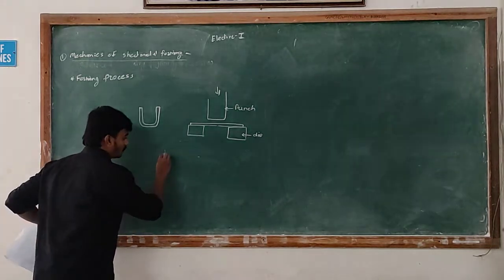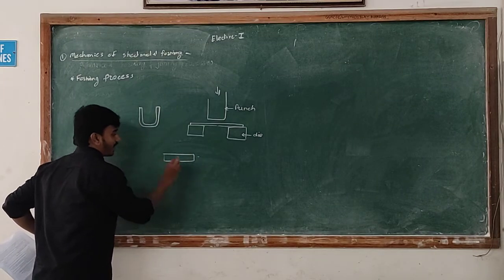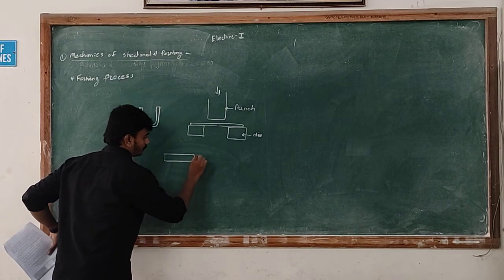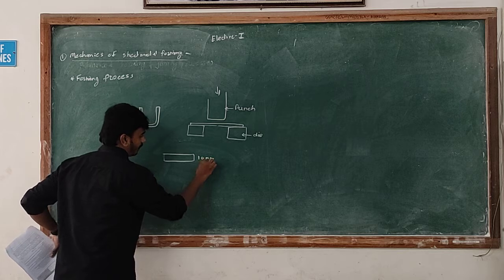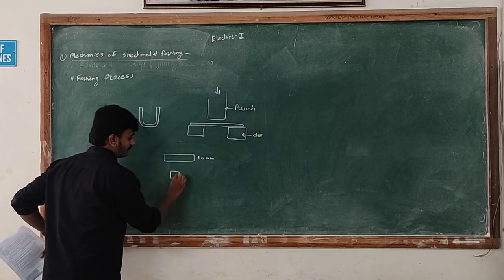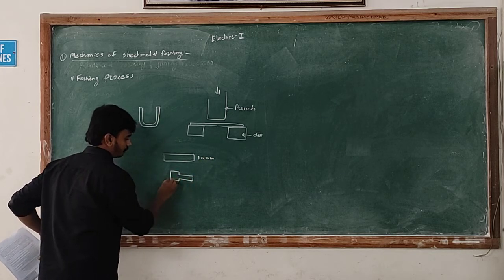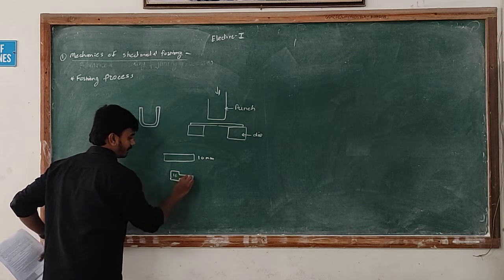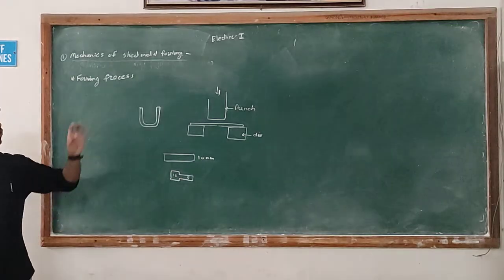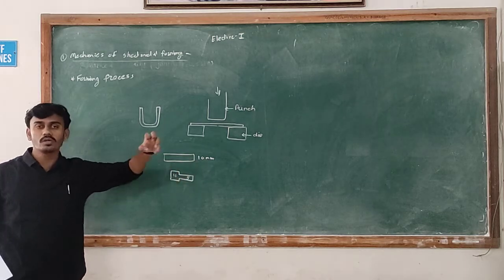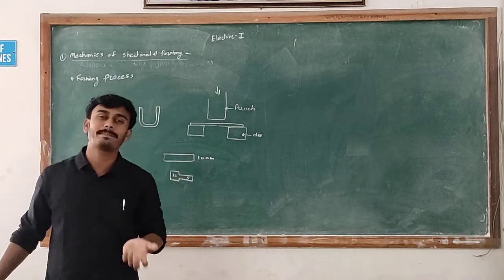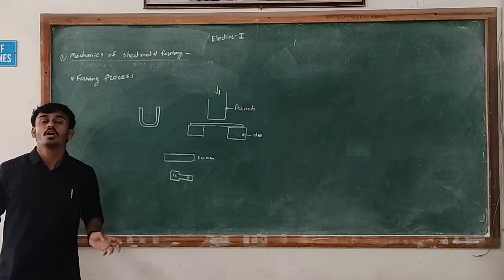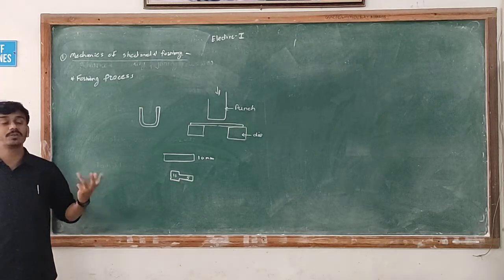Suppose this is a rod, the diameter of this rod is 10 mm, and I want to convert this rod into this shape. Here the diameter is 10, here the diameter is 5. Then the forming process is not applicable here. The forming process is only applicable for sheet metals or some rods to convert them into the required shape.